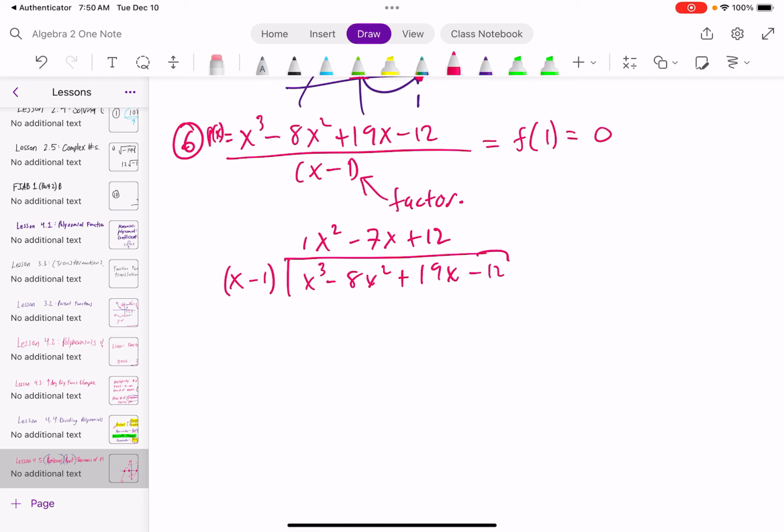That will be your quotient. And the remainder will be 0. So now the question is asking, identify the other two real zeros. Well, we know the 0 for this one. We don't know it for these.